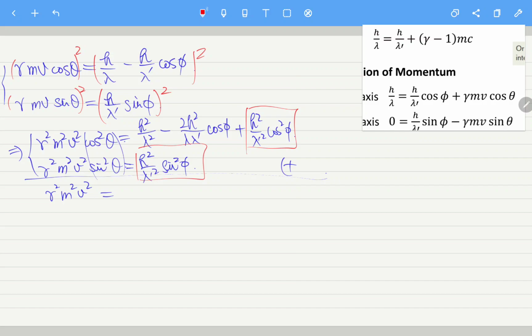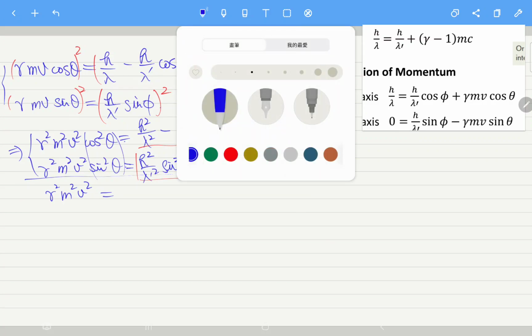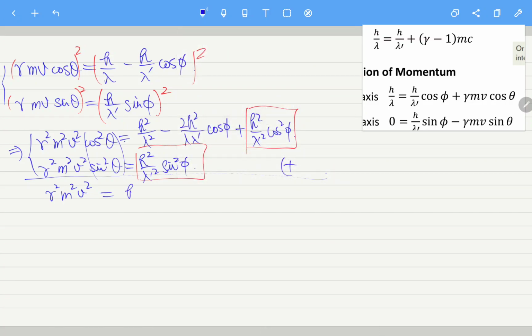So this is nothing but 1 times h square over lambda prime square. So finally we will have h square over lambda square minus 2h square over lambda lambda prime cosine phi plus h square over lambda prime square. This is what we call equation 1.